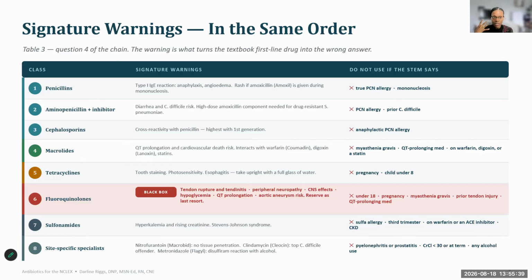They get extremely ill. So history also of pyelonephritis or prostatitis. Creatinine clearance less than 30 is a no. Okay, none of these drugs. No alcohol at all. Alcohol, period, with any of these, but specifically your metronidazole, Flagyl. So those are some signature warnings.